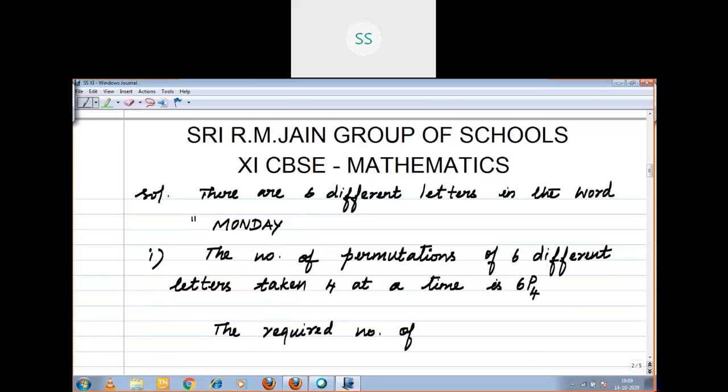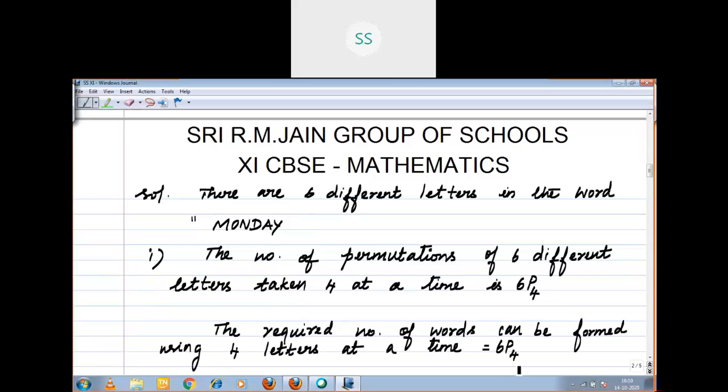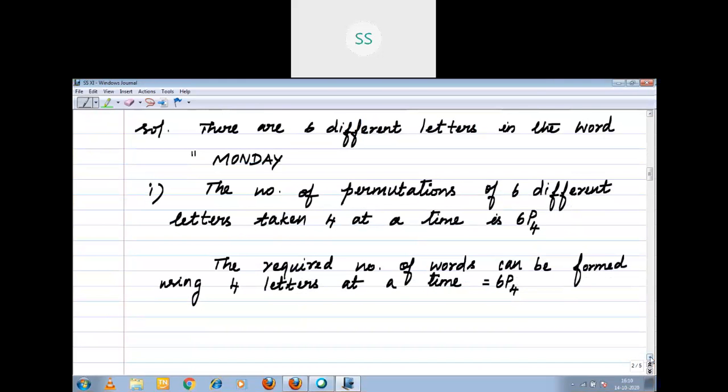Now, the required number of words that can be formed using 4 letters at a time is equal to 6P4. What is the formula for nPr?